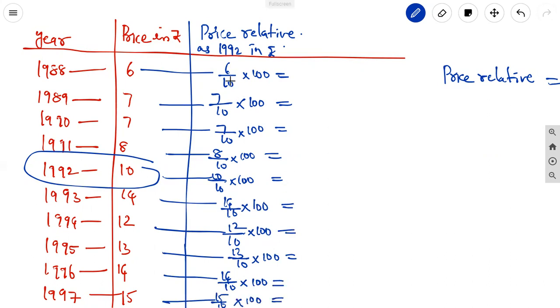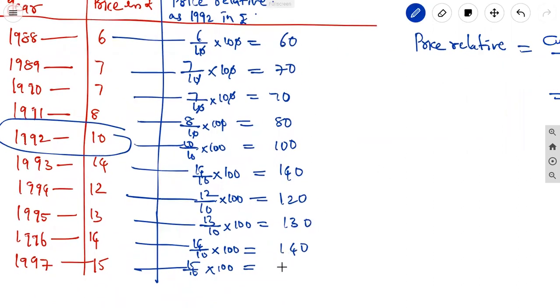Here it gives 60, 70, 70, 80, the 0 cancels for all, it's 100, 140, 120, 130, 140, 150. These are the relative prices with base year 1992.